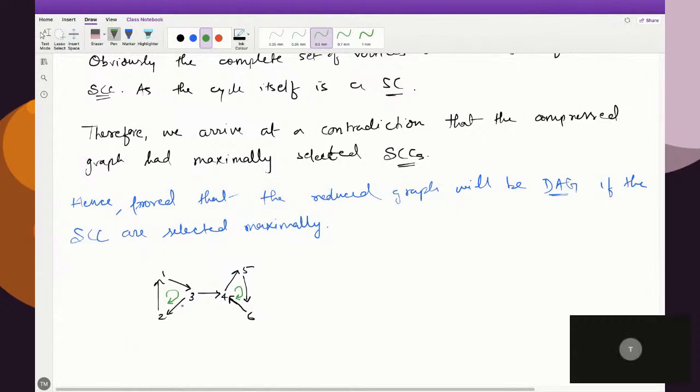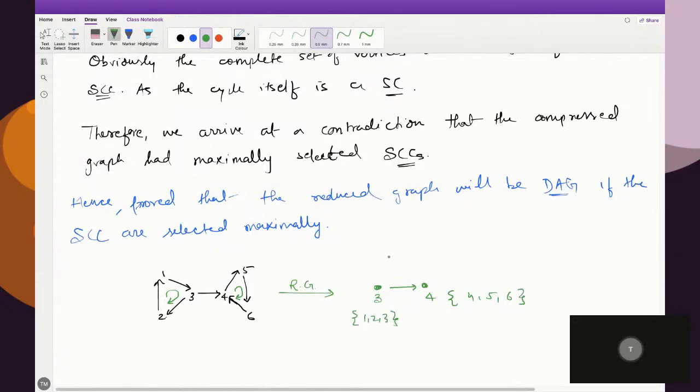Indicated in green. Now the reduced graph will be this. You can call this 3 and you can call this 4, but actually this 4 is representing 4, 5 and 6, all of these nodes, and this 3 is actually representing 1, 2 and 3.